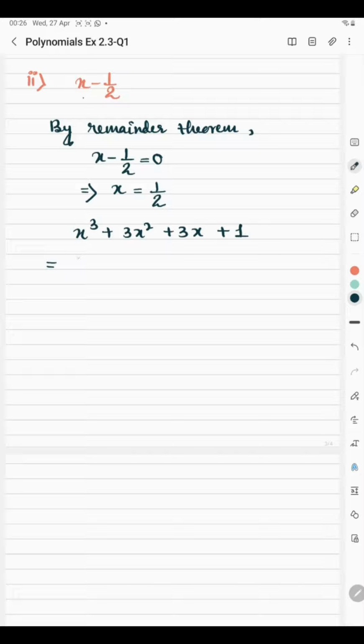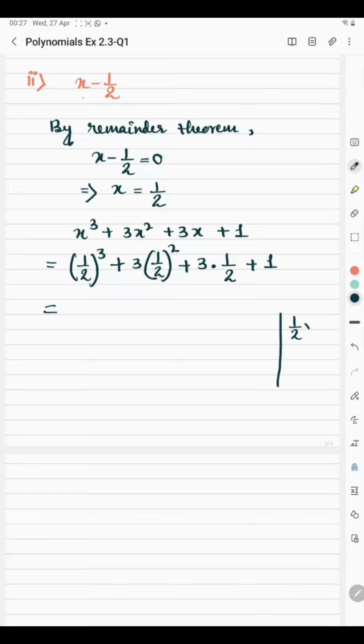So at first we have x cube, so 1 by 2 whole cube, plus 3 multiplied by 1 by 2 square, plus 3 multiplied by 1 by 2, plus 1. Now 1 by 2 whole cube means we'll write 1 by 2 thrice.